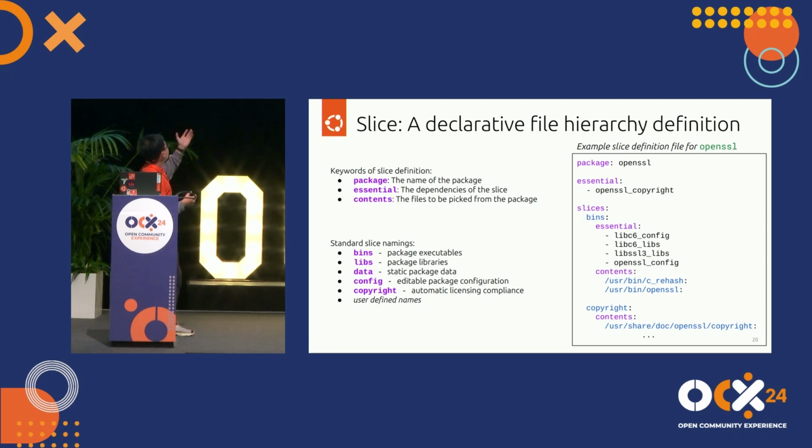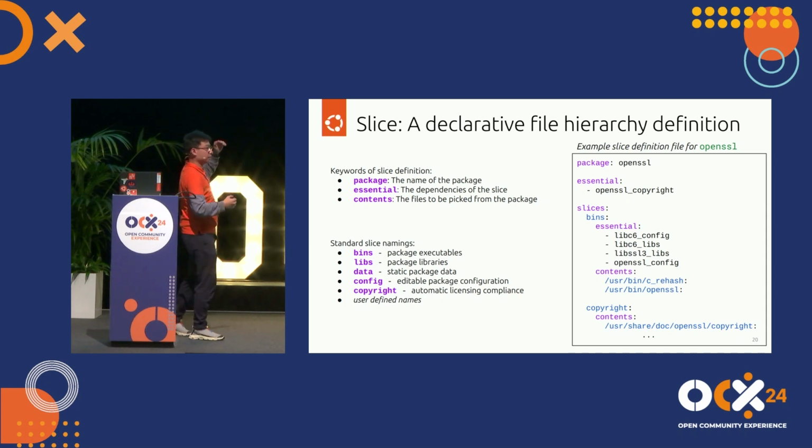And for standard slice namings, we have bins, which consists of the executables in this package. And libs is the libraries, like .so or .a libraries. And data, which is the static data. Config is the editable package configuration files. And finally, copyright.